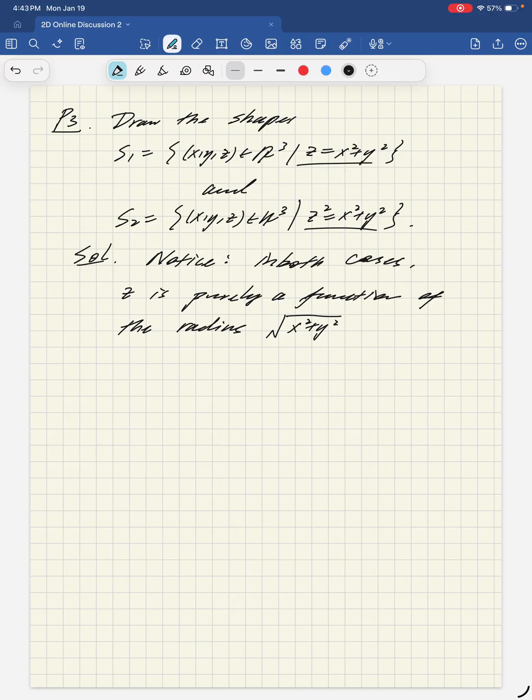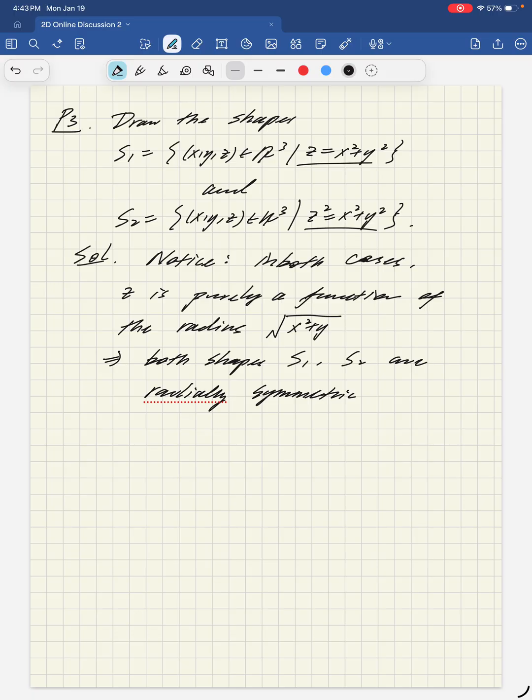So what this means is that both shapes, S1 and S2, are radially symmetric. Radially symmetric means if you just turn it around the z-axis, it will look the same.